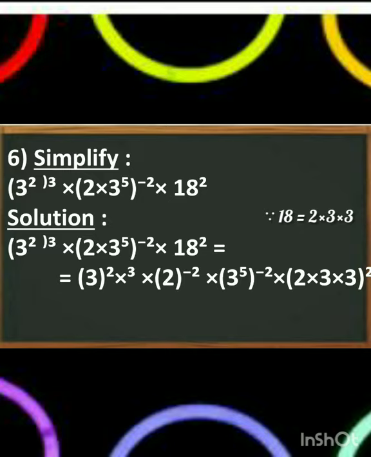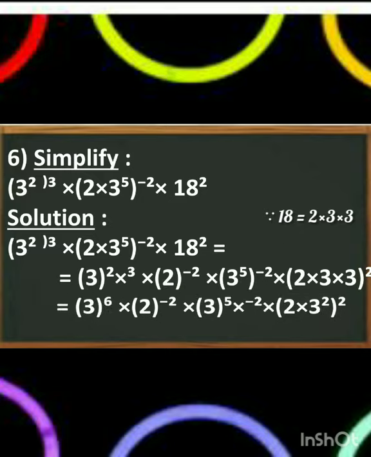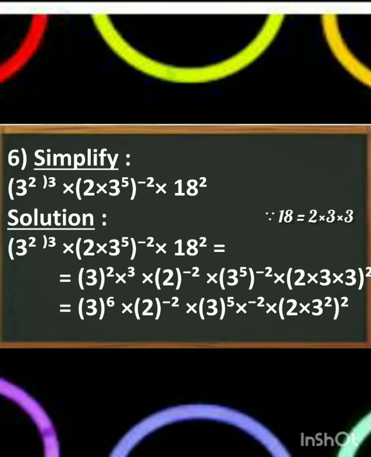Then 3 power 2 into 3 is 6. So 3 power 6 into 2 power minus 2 into 3 power 5 into minus 2. Again power rule we are applying. So 5 into minus 2 into 2 into 3. 2 times are there. So 3 square the whole square.